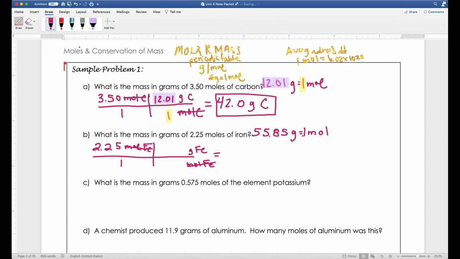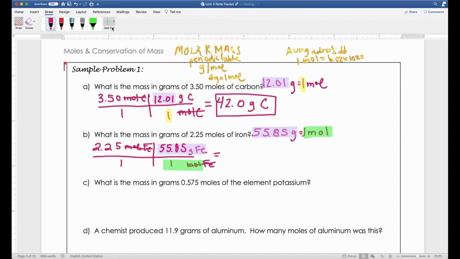Make sure we plug our numbers in next to the correct unit. So here again is my 55.85 grams. So I'm going to plug that in on top. 55.85 grams per every 1 mole. And let's go ahead and just highlight the 1 mole section here. I'm going to do that in green. Per 1 mole.